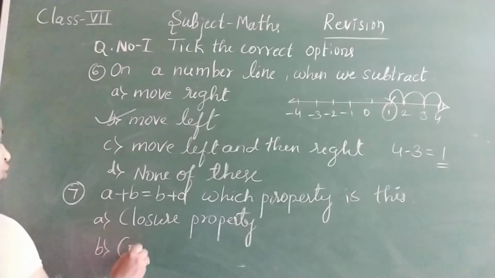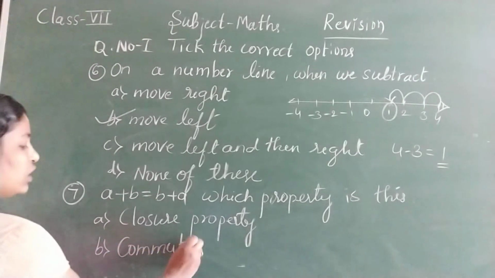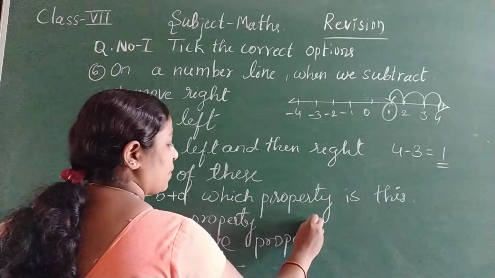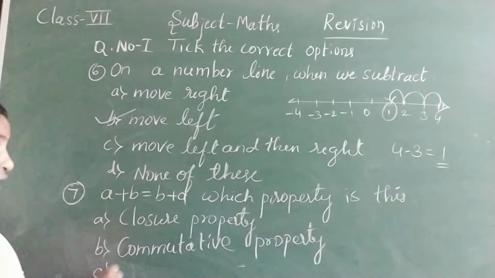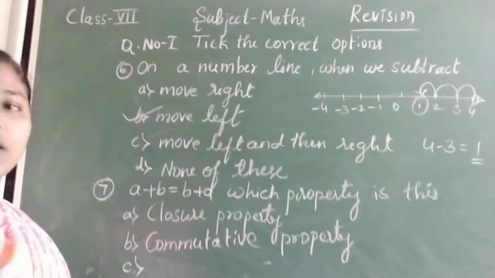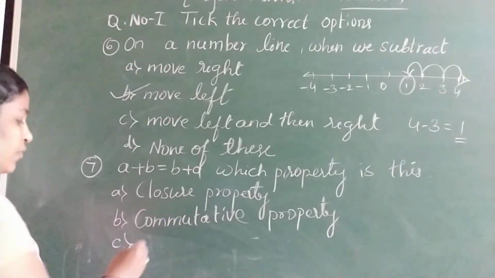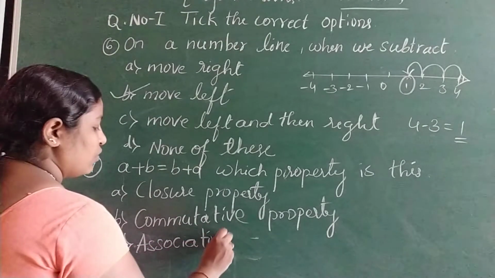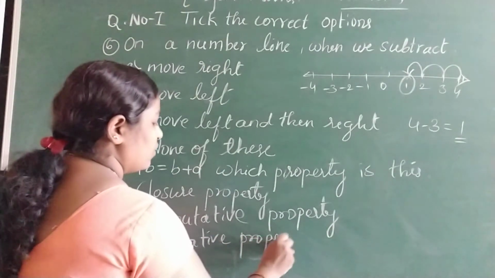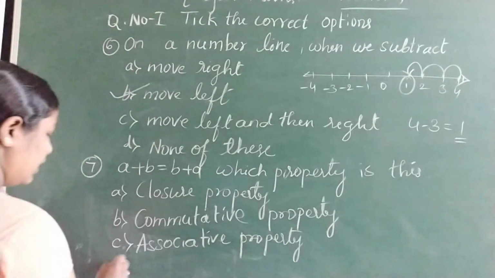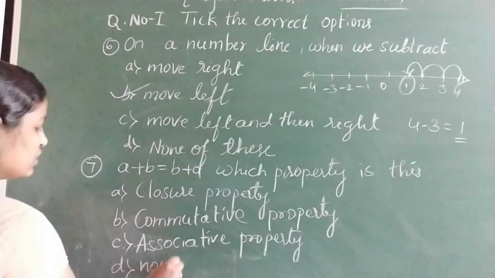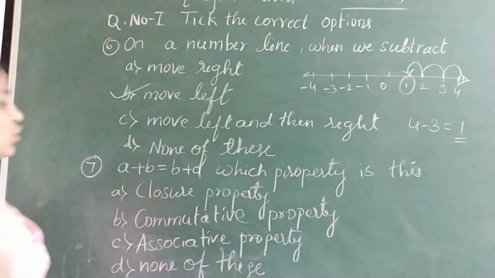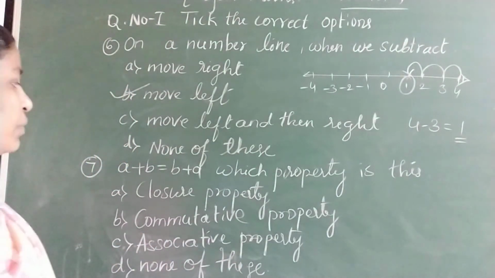B, commutative property. C, associative property. D, none of these.